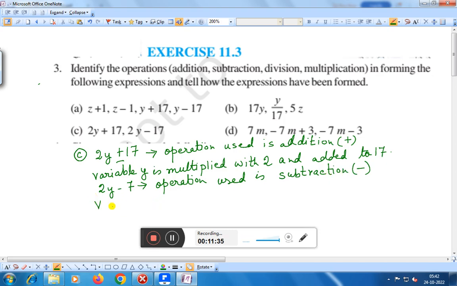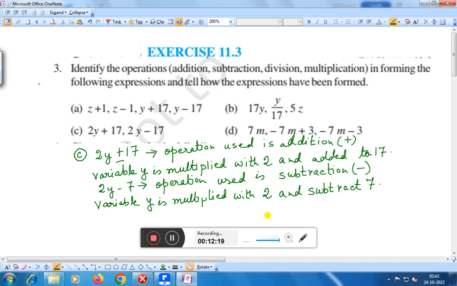Here you see variable y is multiplied with 2 and 7 is subtracted.